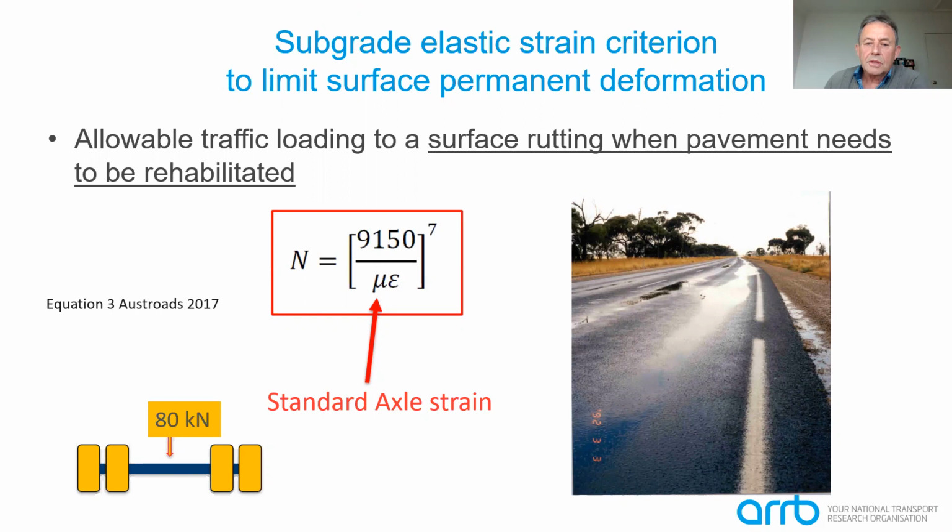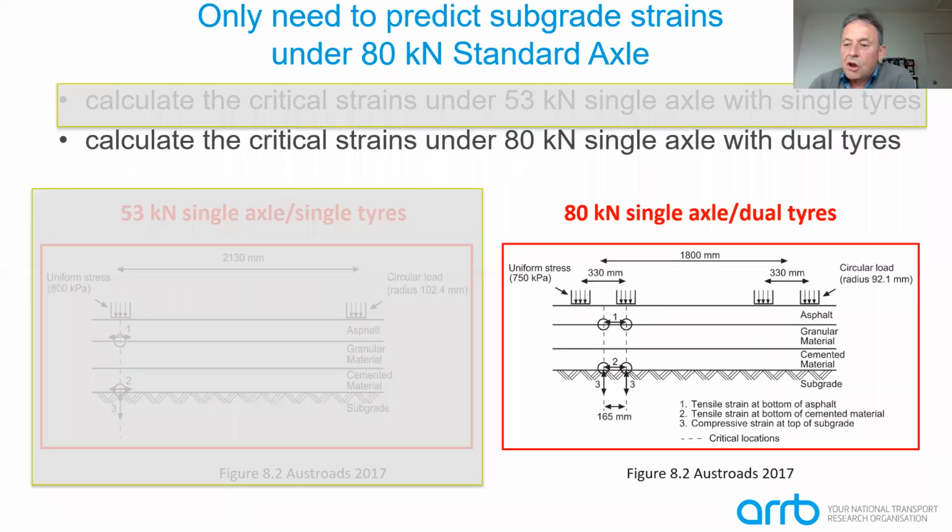And the strain that we are estimating, again, is the vertical compressive strain on the top of subgrade. That's what we use to estimate the allowable loading in terms of surface rutting in the pavement.